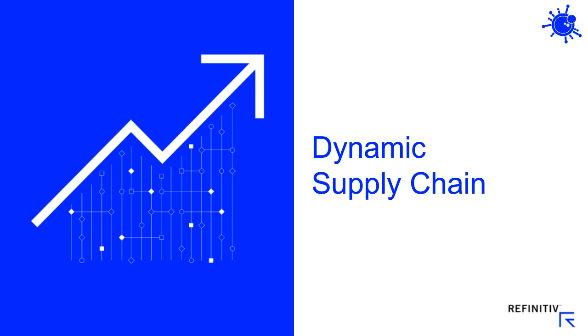So the importance of having a dynamic supply chain seems paramount, more so now than probably ever. So Nick, I'd really like to hear your thoughts on dynamic supply chain, and in particular, what do you think are some of the key things that we should be thinking about with COVID right now causing so much disruption?